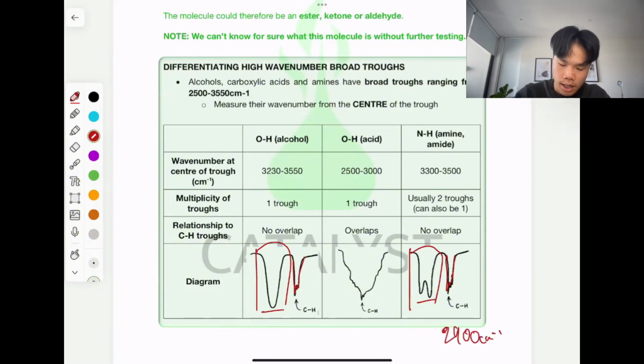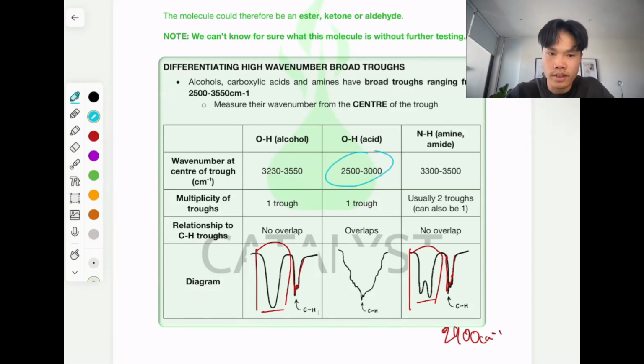But because a carboxylic acid exists in the range of 2,500 to 3,000, it oftentimes will actually overlap with that CH, which is usually here, but you can't see it because it's been overlapped. Does that make sense?